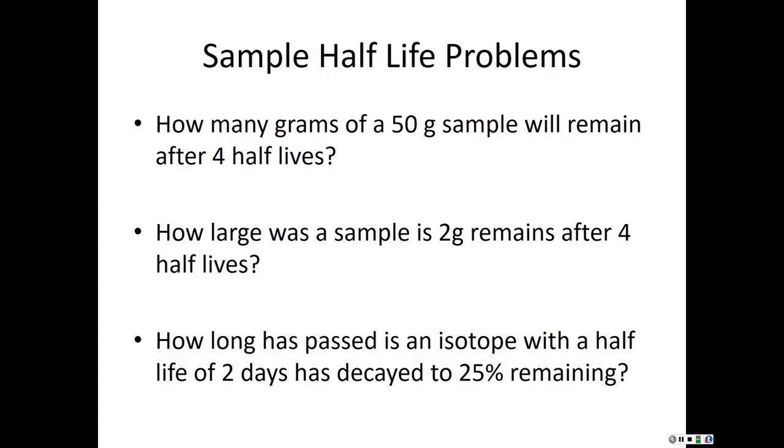So 2,560 grams would have been your starting sample size. So here, when you're going backwards in time, you're actually multiplying by 2 instead of dividing by 2. Okay, one more and then we'll give up for the day.